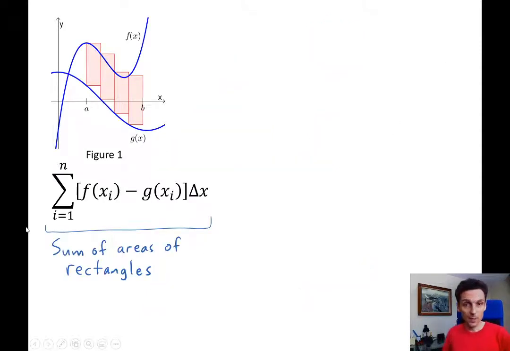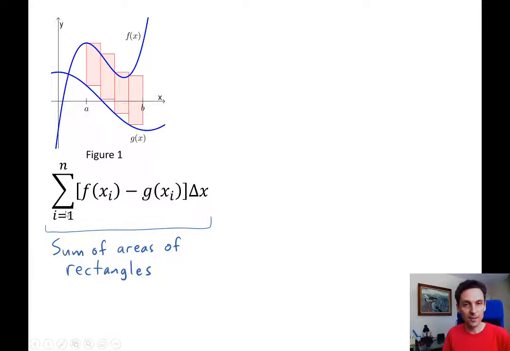So to sum up, pun intended, we could get the areas of all the rectangles using a summation. It's the sum as i goes from 1 to n, where n here is representing the number of rectangles or the number of subintervals that we chopped our a to b interval into, of f of x sub i, so this is looking at the ith rectangle, minus g of x sub i, and then times delta x.